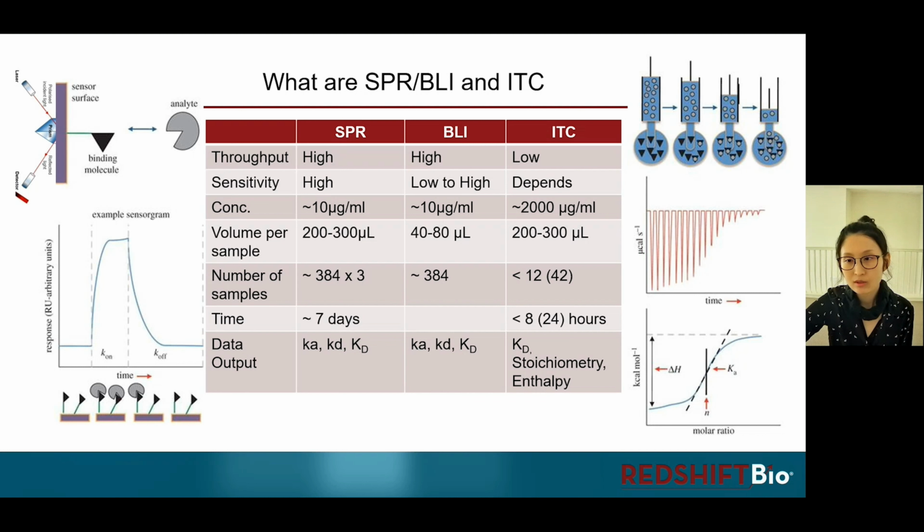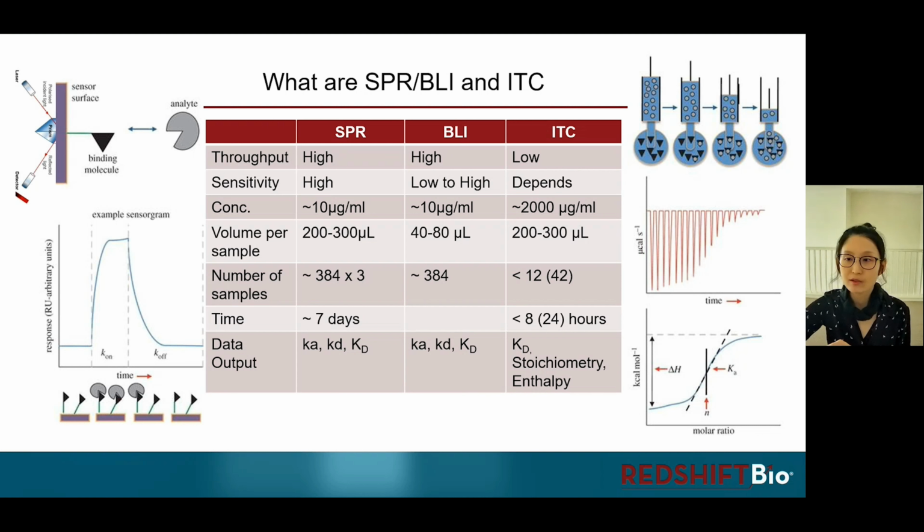So the next two rows in the table describe the amount of molecules needed for the measurement. The values here may not be very accurate as there are so many different instruments out there, but overall you see that SPR and BLI need way less sample than ITC.